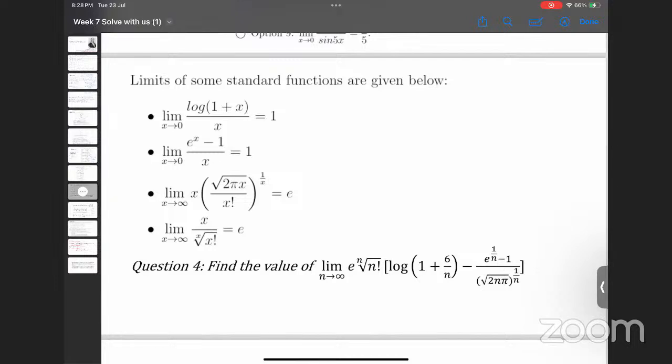If someone got 5, let us wait for 2 more minutes. Let others solve it.